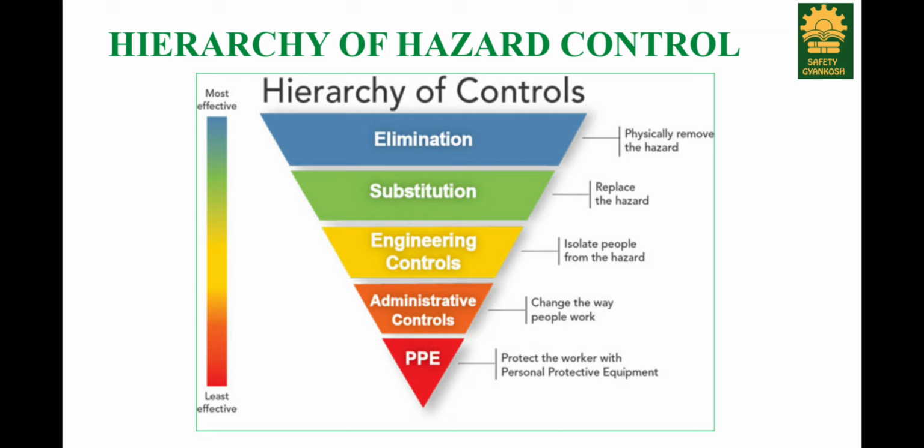Elimination means physically remove the hazard. Substitution means replace the hazard. Engineering control means isolate people from the hazard. Administrative controls mean change the way people work. And PPE means protect the worker with personal protective equipment. We will see all this hierarchy of controls with some examples in the next slide.